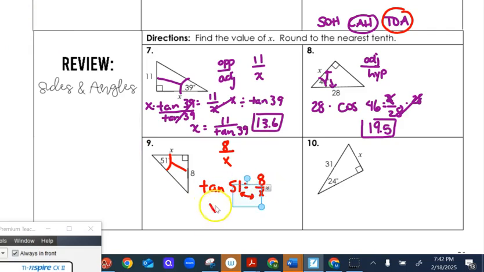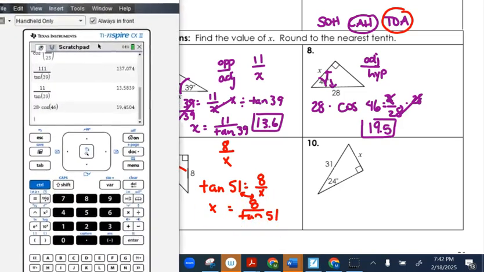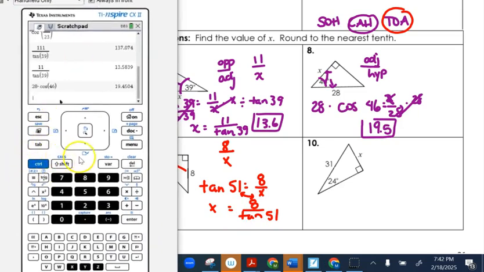So we're going to put x on this side and put the tangent of 51 on the bottom. Do the calculator. We're going to do 8 divided by the tangent of 51, and we're going to get 6.5.